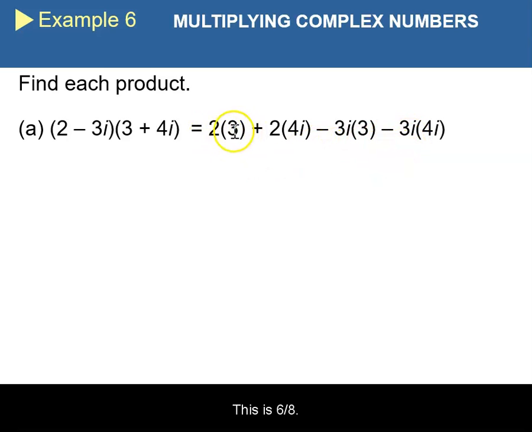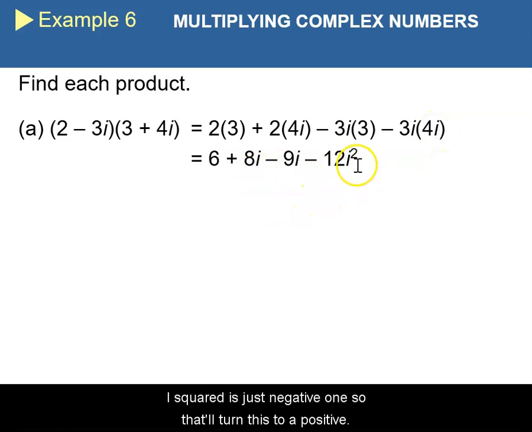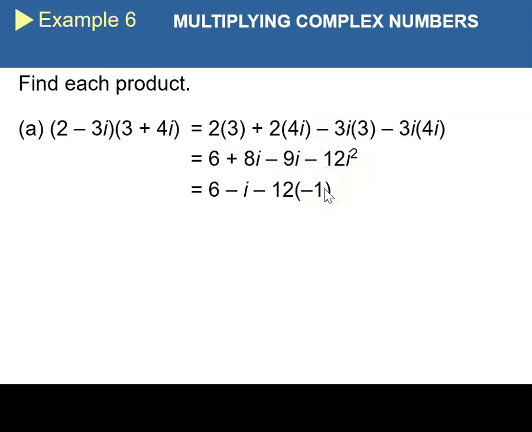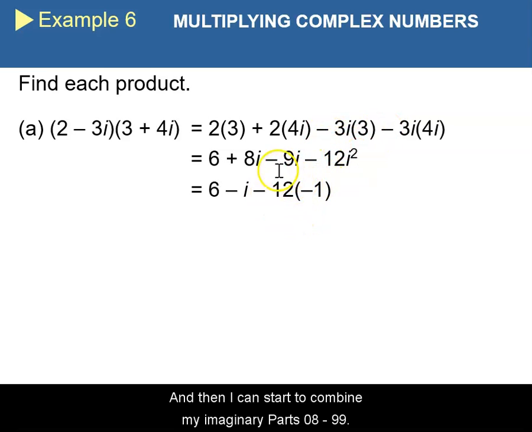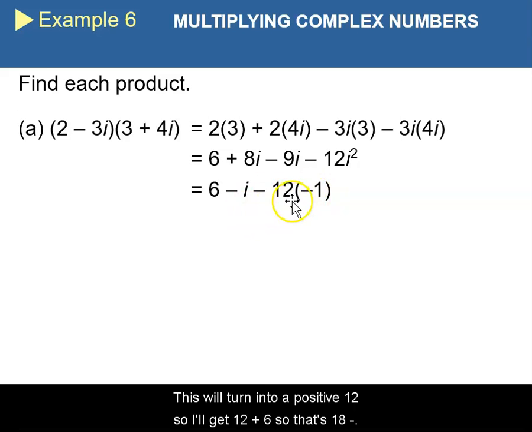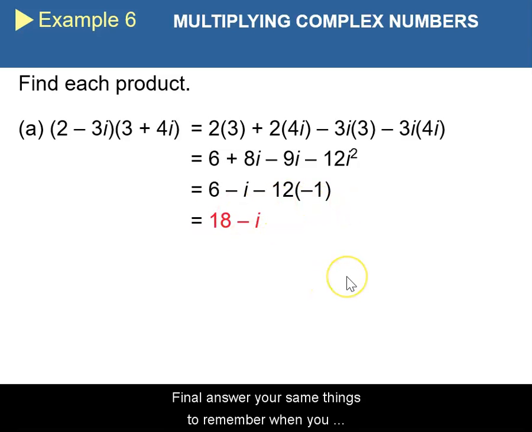So this is 6, 8i, minus 9i, and this will give me a negative 12i squared, right? i squared is just negative 1, so that'll turn this to a positive 12, okay? And then I can start to combine my imaginary parts, so 8i minus 9i is negative i. This will turn into a positive 12. So I'll get 12 plus 6. So that's 18 minus i as my final answer.